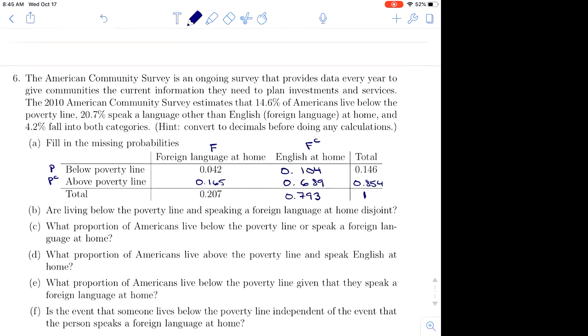So we know, okay, now narrow it down to look at those who only speak a foreign language at home. Okay? And then now we want to know of those 20.7%, how many live below the poverty line. So now, how many of these guys live below the poverty line? So then we could say, okay, well, that's 0.042 divided by 0.207.